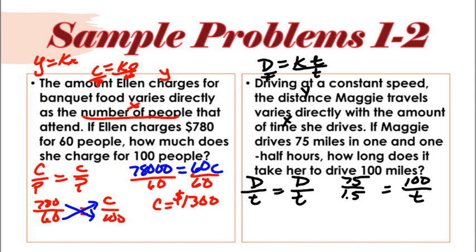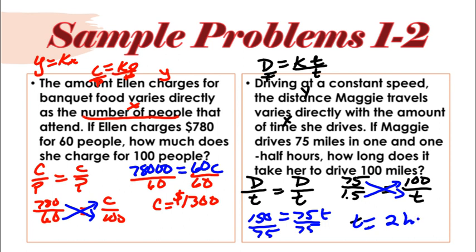So here, cross multiply. 1.5 times 100 gives us 150 equals 75t. Divide by 75 to get t by itself. So 150 divided by 75, t would give us 2. It would be 2 hours to drive 100 miles.